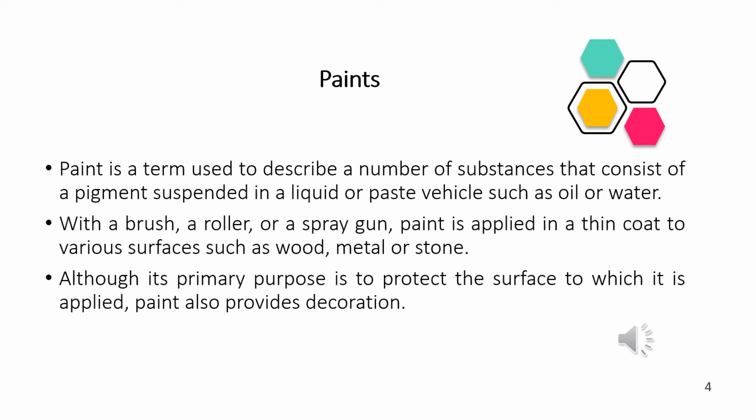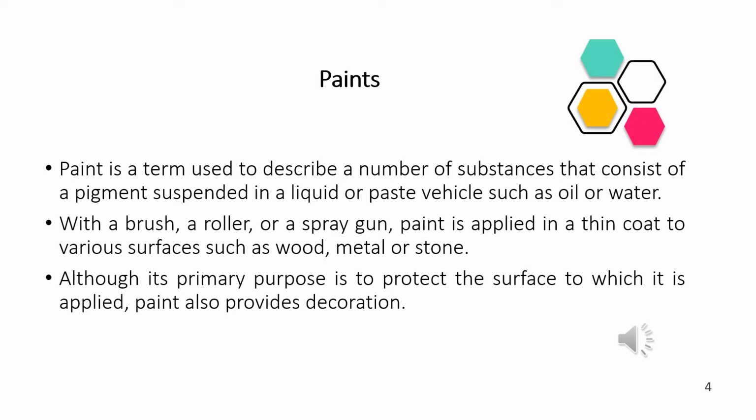The paint is applied by using a brush, a roller or spray gun, in a thin coat on various surfaces such as metal, stone or wood.